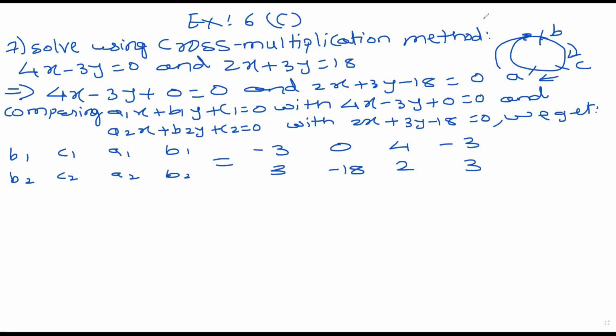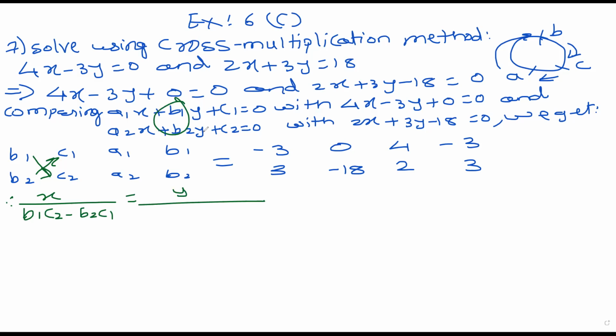Now, what do you write below? Therefore, x upon, below x, you don't take the coefficients of x. So you multiply these two: b1 into c2 minus b2 into c1 is equal to y upon. Below y, you don't take the coefficients of y.